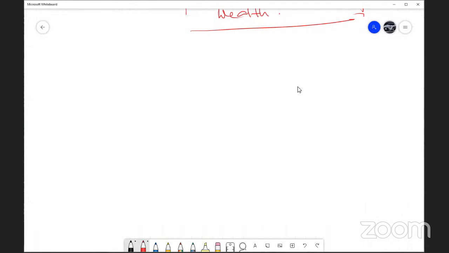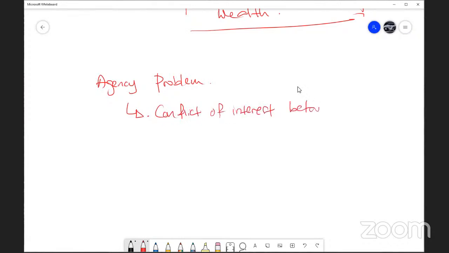This is regarding agency problem. I think by now all of you know what an agency problem is. It's basically a conflict of interest between staff and owners.